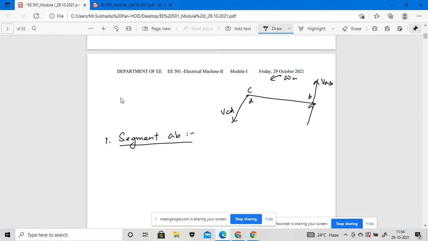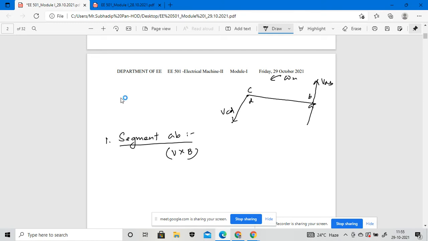In this particular segment, the velocity of the wire is tangential to the path of the rotation. If the rotational motion is in this direction, the velocity of the wire is tangential to the path of the rotation, while the magnetic field B will be pointing out to the right. For that case, the quantity V into B under this segment points into the page.